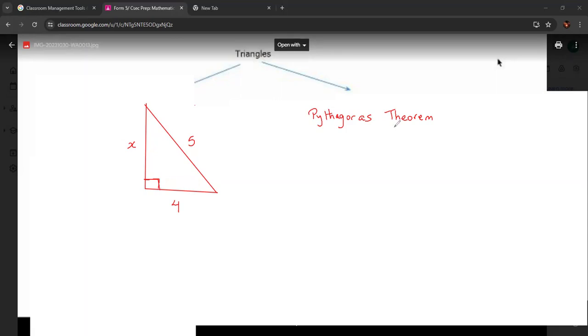Let's say you miscalculate something or you wrote the wrong thing down. At least you're able to show, okay, I know the steps. So Pythagoras' theorem is the hypotenuse squared is equal to one of the sides squared plus the other side squared.